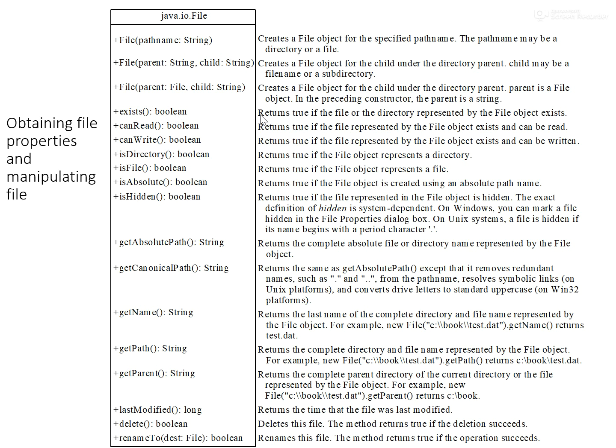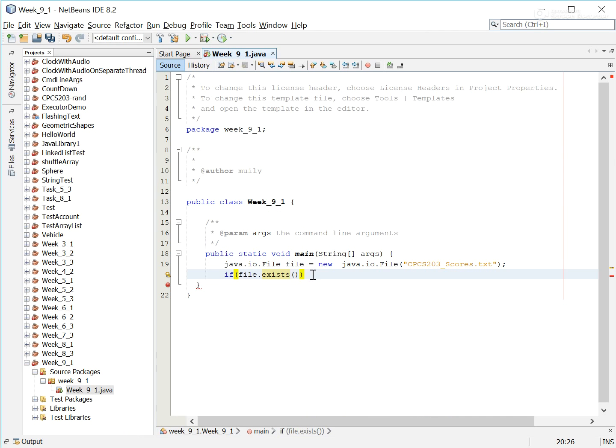If you check over here, it returns true if the file or the directory represented by the file object exists. So basically, if the file has been successfully created, the return value will be a true Boolean value. All right, so that's what we're doing over here. So before going on and assuming anything, we're checking if the file was actually created.